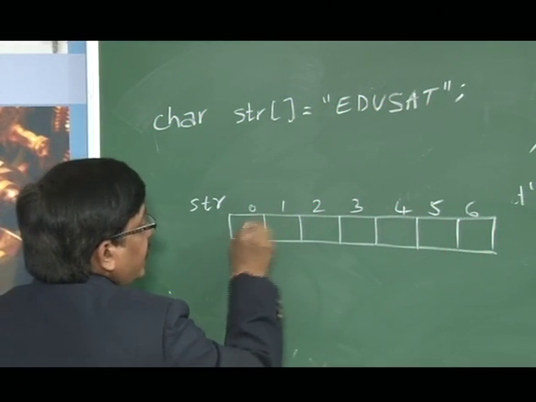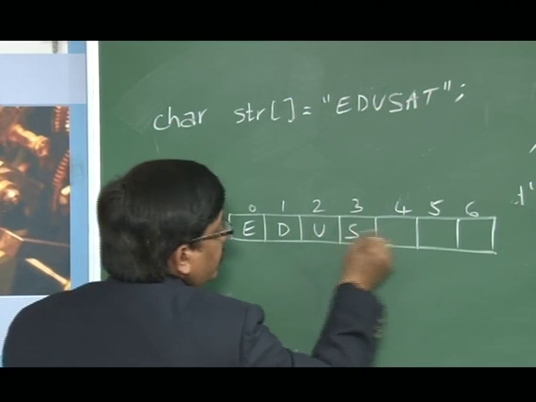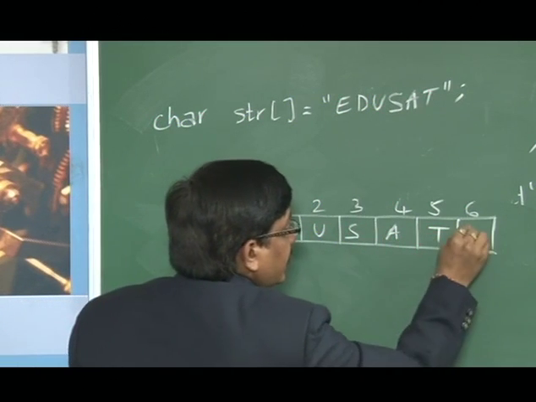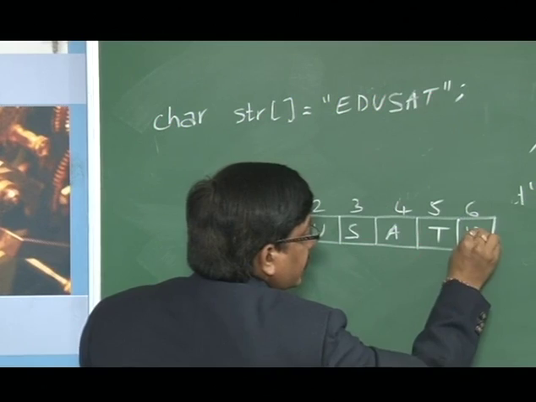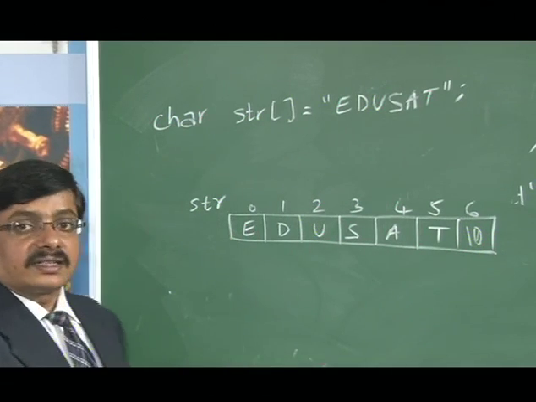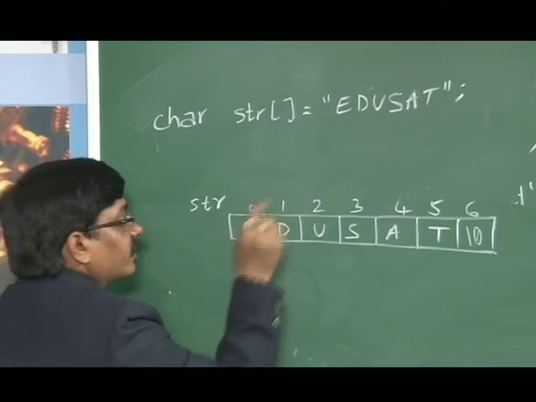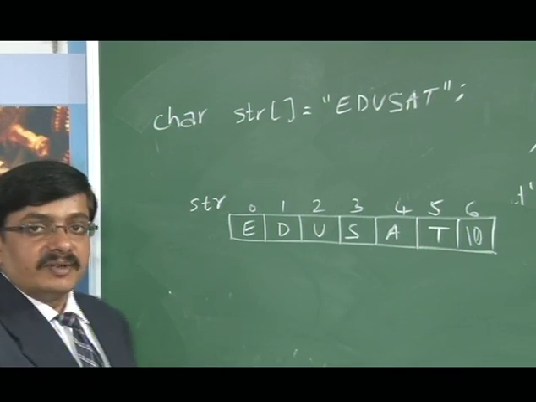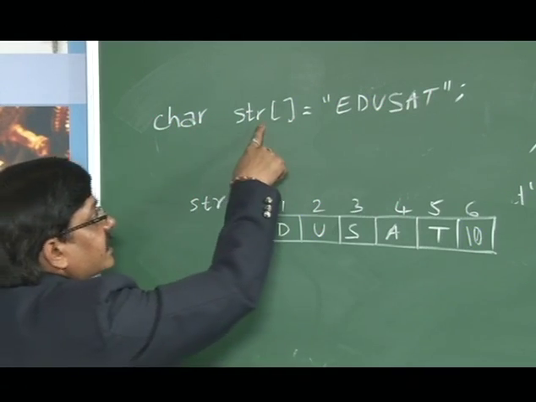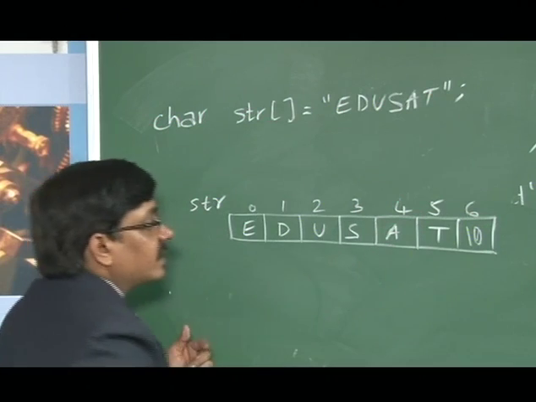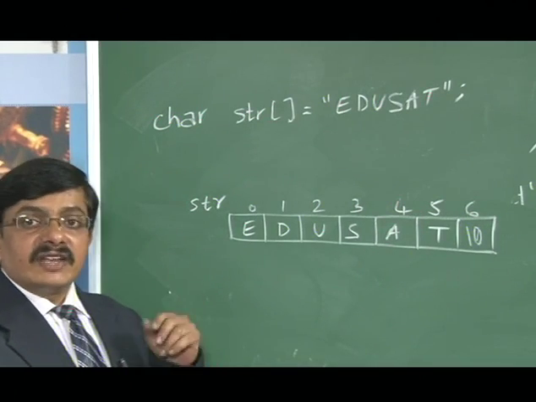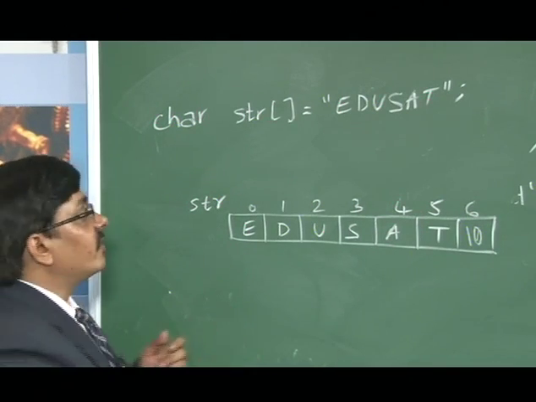These hold E D U S A T, and there is a special character placed at the end, the null character. There will be an address for each of these. A character will take 1 byte of memory, so since str is holding 7 characters, the size of str will be 7 bytes. Each character takes 1 byte.